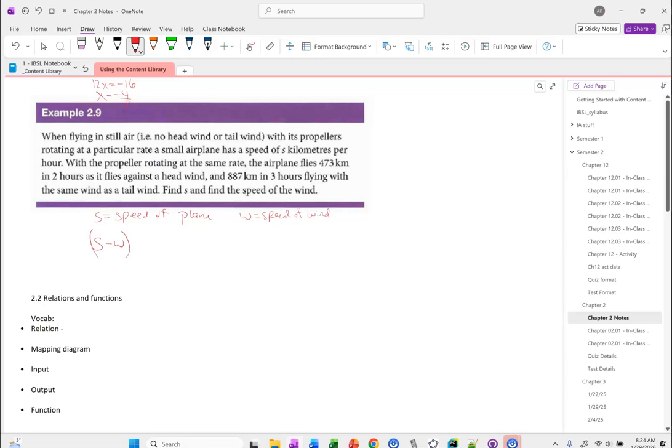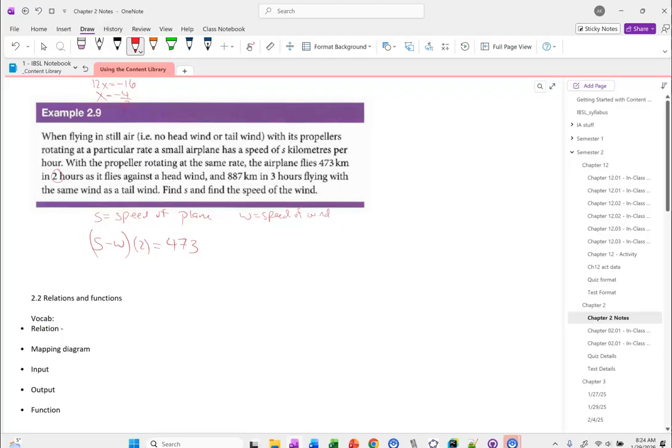And then we know that distance equals rate times time. That should be a familiar middle school science thing. So this is my rate. What's my time here? 2 hours. And the distance is that, right?